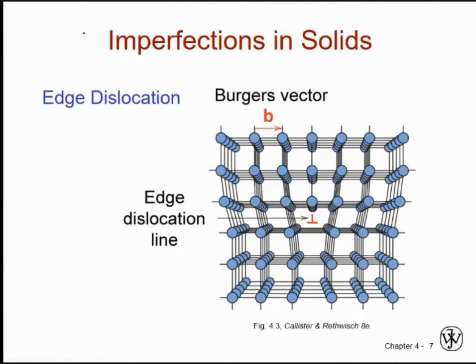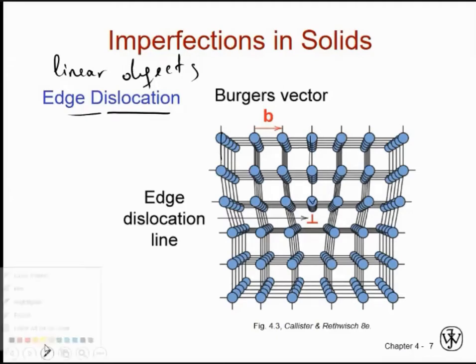Let's continue. Before, we talked about point defects, but here we will start with linear defects. We call linear defects dislocations. So dislocations are linear defects. It has two kinds. One of them is edge dislocation, and it looks like this. If you see this here, I can trace a line.